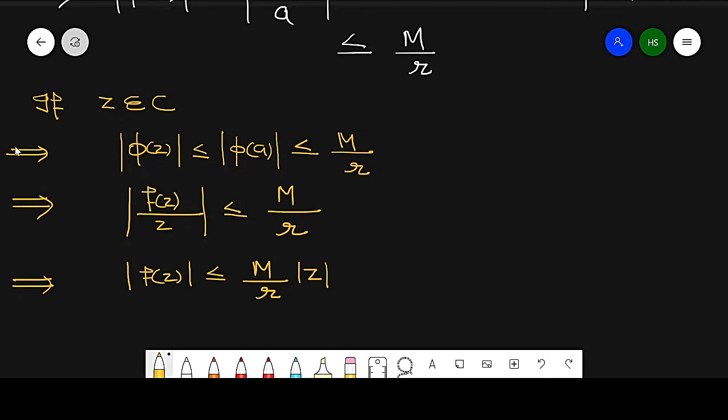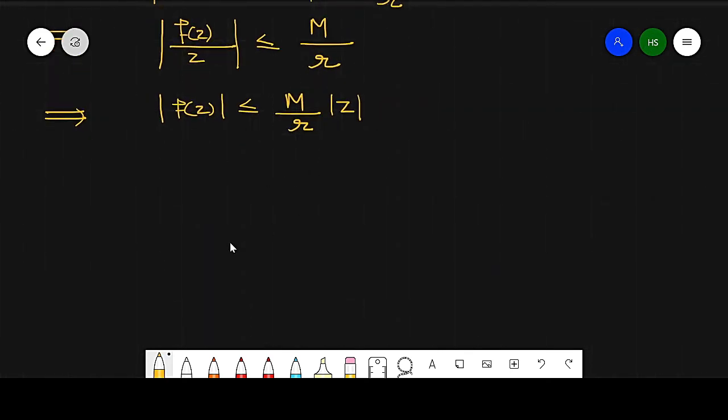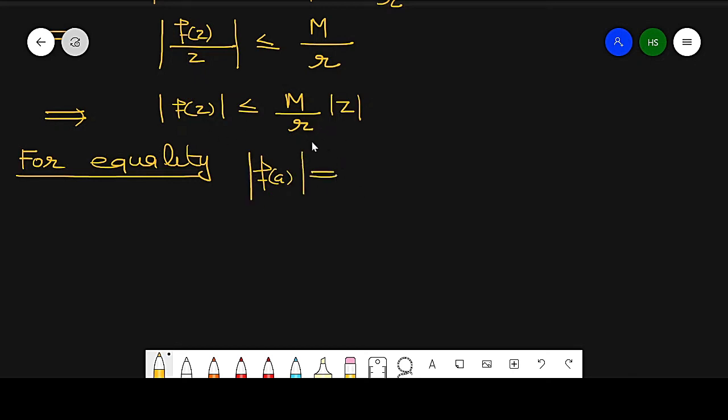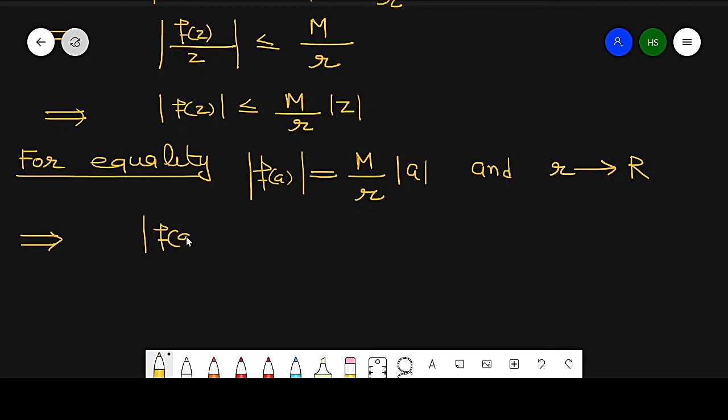Now for equality, when there is equality, in that case f of A is equal to M by small r into this A, and small r approaches capital R. So it implies modulus of f of A is equal to M by capital R into modulus of A.